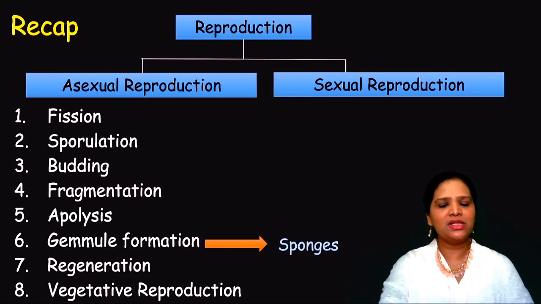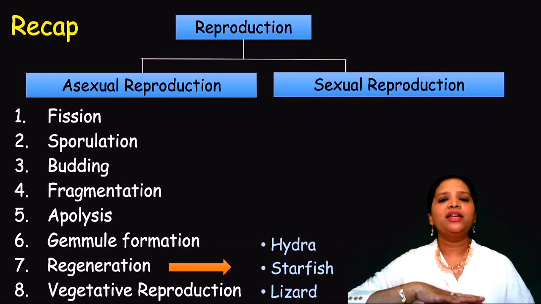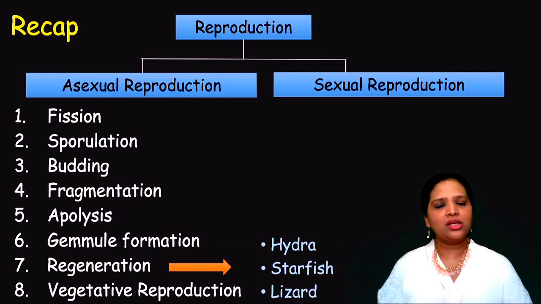They are called gemmules. Example for these are sponges. And the last one is regeneration. Regeneration means the organism regenerates or redevelops a lost part. Either the full body gets regenerated or a particular part gets regenerated. Examples: Hydra, starfish and lizard.